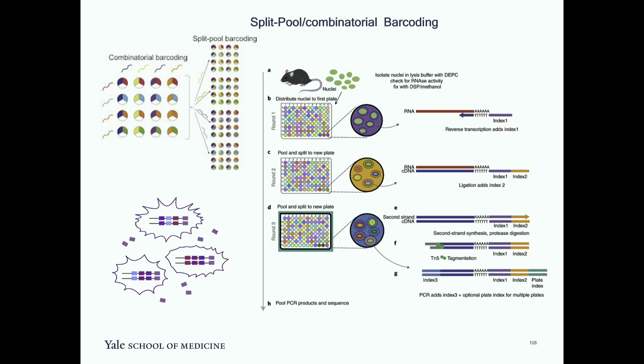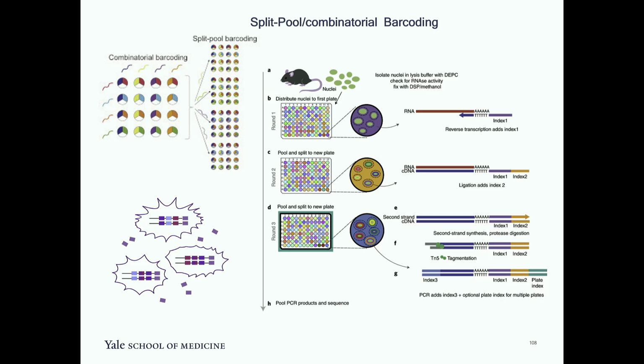Once you have barcoded and done your first RT, you pool every cell back, all 10,000, into one pool. You split it again into 100 wells, so now each well has a different combination of cells.